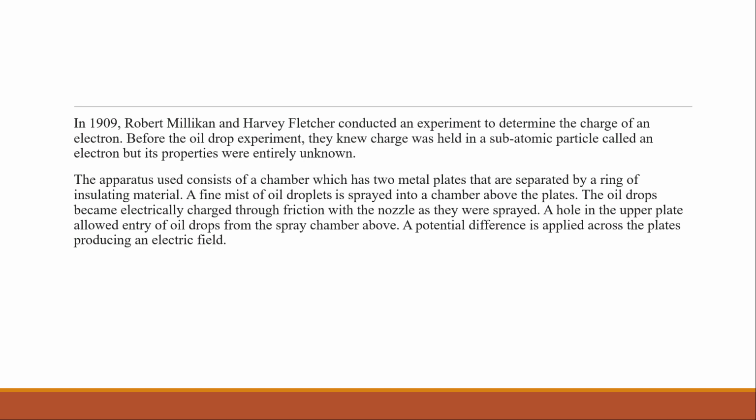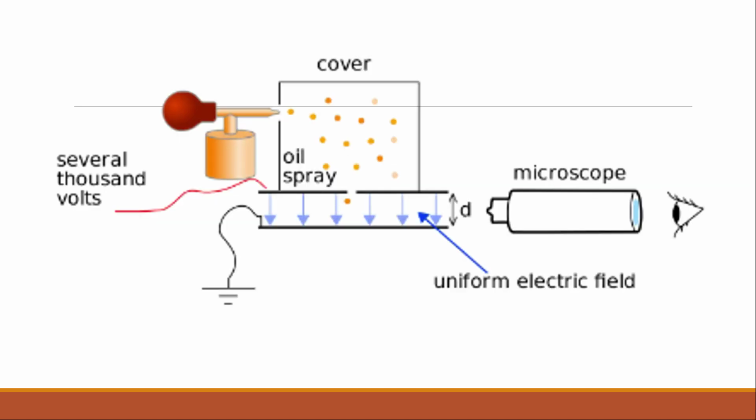And then they put in a hole, and they let that oil mist, which now has electric charge, drop down, and it would go through a hole in an upper plate that would allow oil drops to go into a chamber where they had a microscope, just like this. So you can see that there's the oil sprayer that made a mist, and then the oil drops would come down, and there'd be a little hole that a charged oil drop could come in, and the two plates there are charged plates.